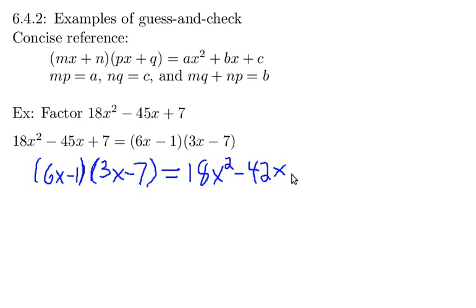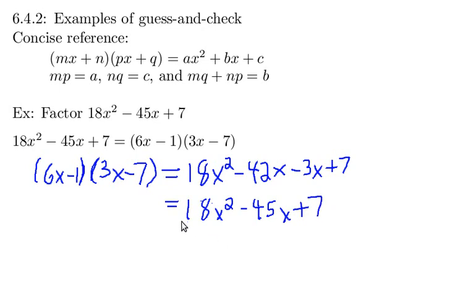Arithmetic is my Achilles heel. I'm always slow at it, so that's what happens. Negative 1 times 3x is negative 3x, plus 7, because negative 1 times negative 7 equals 7. 18x squared. Combine these like terms, minus 45x plus 7. And that matches what we were given originally.